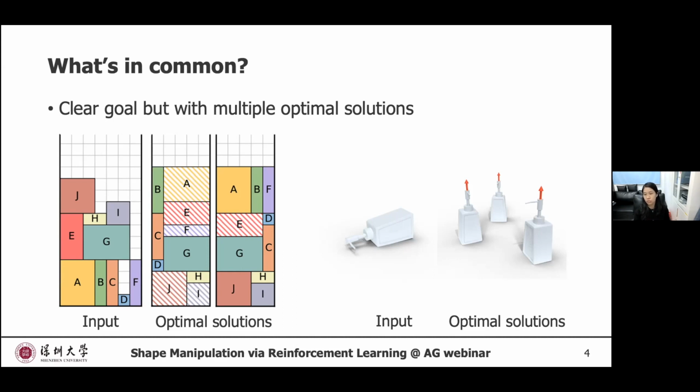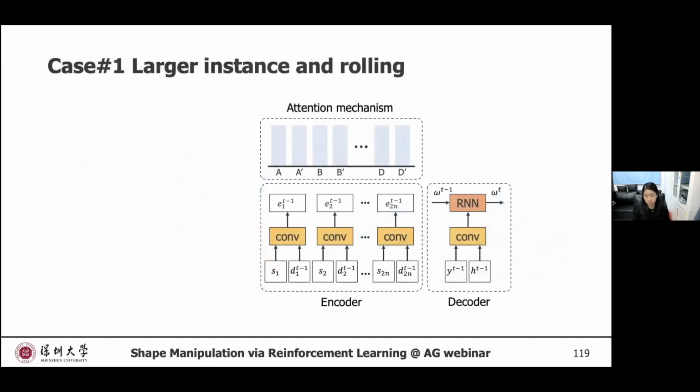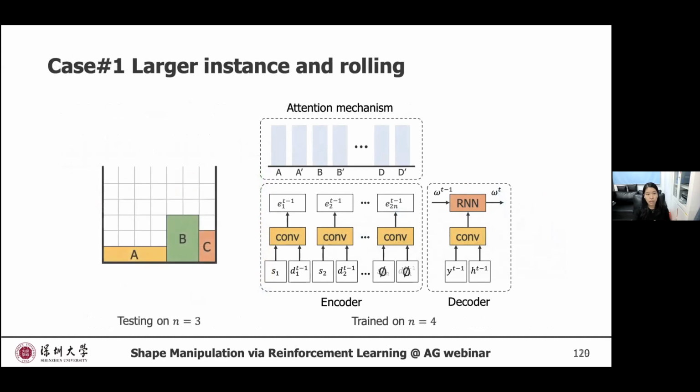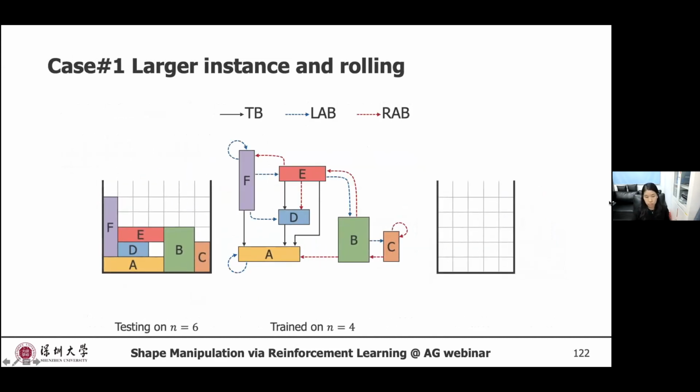So we have two ways to make it more general. Let me find the slides here. One way is what we call a rolling scheme. When we have a larger instance, for example, here the network is trained on 4 boxes but tested on 6 boxes.